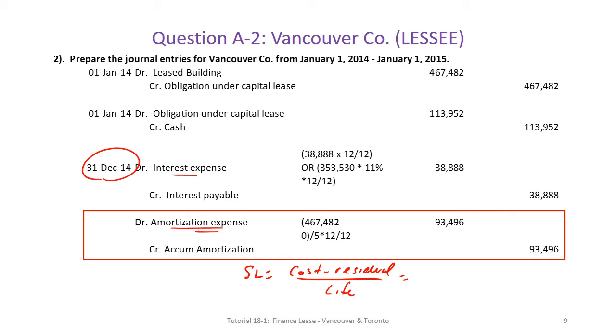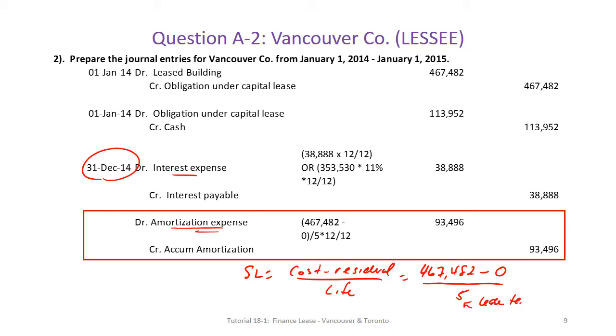Okay, so our cost is $467,482, which is the present value of the lease obligation. There is no residual, right? Because the residual is unguaranteed and we're not paying it, the residual is 0, and we divide that by 5 years, which is the lease term.